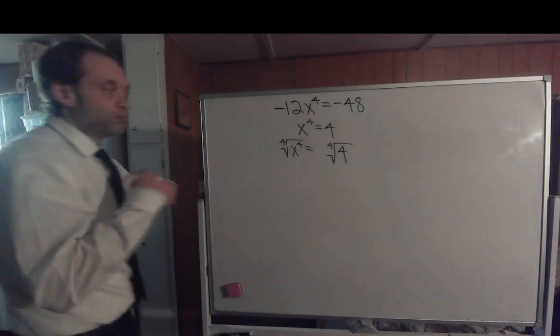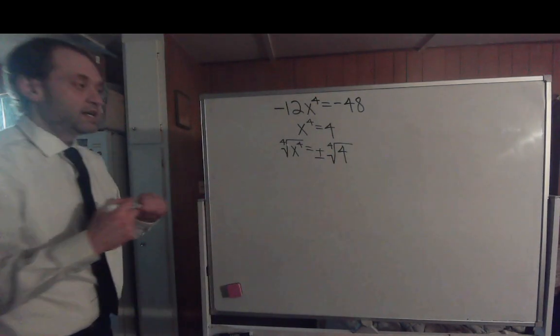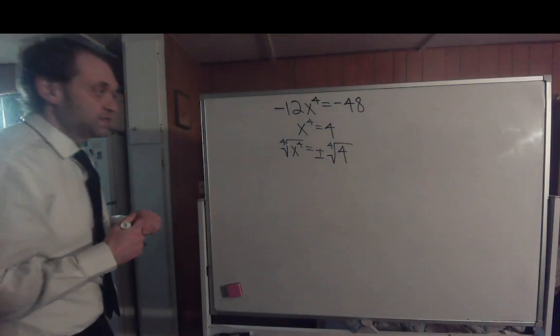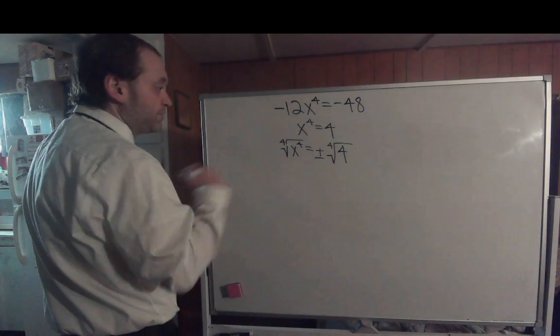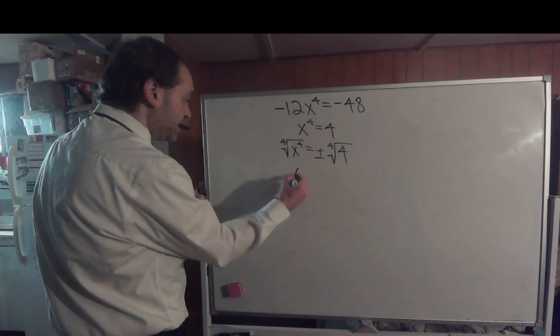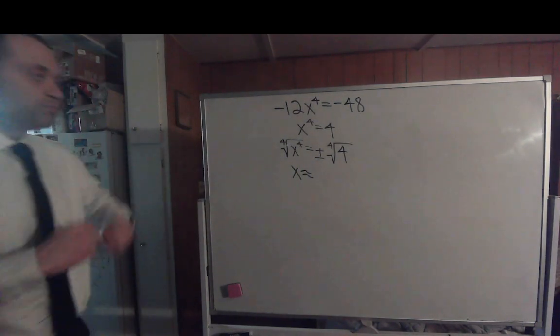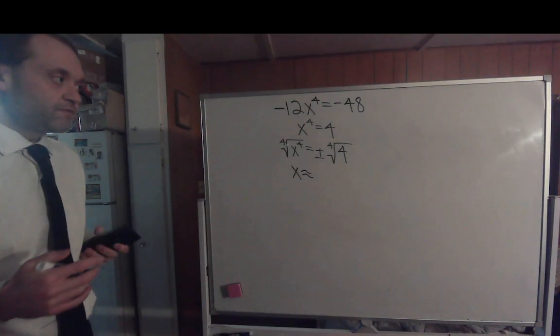X would actually equal plus and minus the fourth root of 4 because you're going to have 2 real solutions. So the fourth root of x to the fourth, of course, would equal x. That's going to be approximately equal to both plus and minus the fourth root of 4.